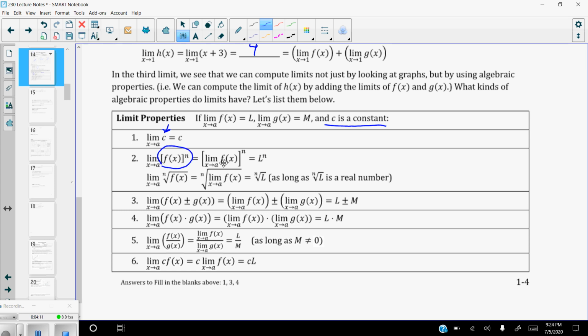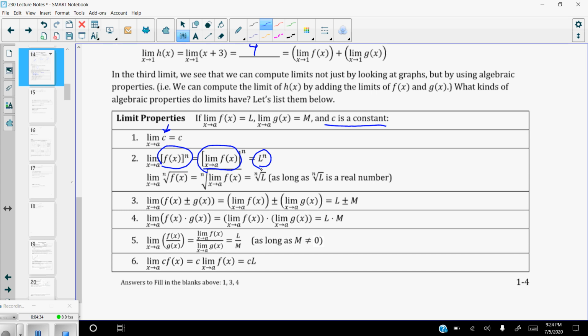Here the function's limit is being evaluated first, and then the whole limit is being raised to the n. So that's what this is saying. Ultimately, it doesn't matter whether you raise the function to the power first, or if you raise the limit to the power after you've evaluated the limit of the function. Doesn't make any difference.